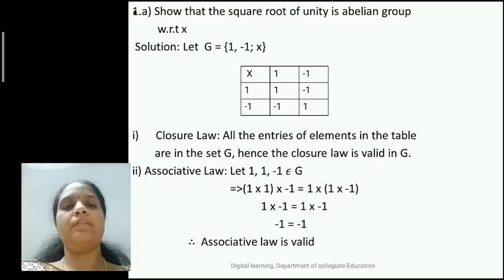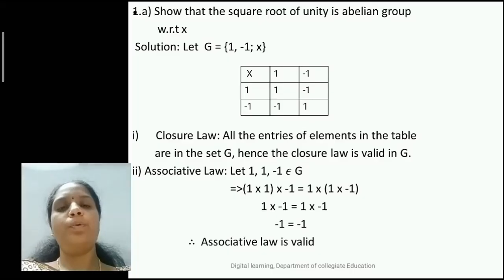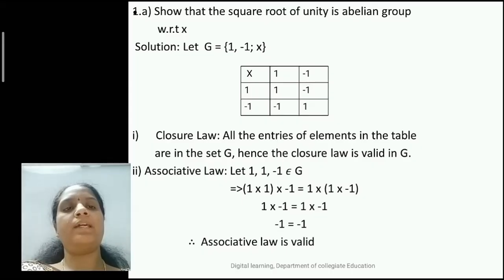Next, verify the associative law. To prove the associative law, we have to consider three elements from the group. So now we are considering 1, 1, -1. We can also consider 1, -1 and -1. To prove the associative law, the LHS and RHS have to be equal.